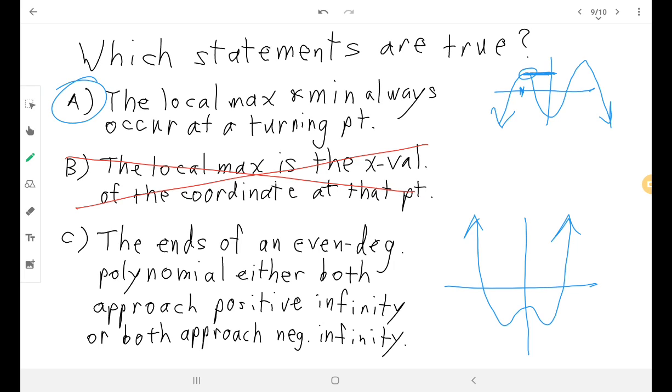Well, in this case, the end behavior, the ends of it, both go up, meaning they're both going to positive infinity. If I had drawn it the other way, like this one here, which is also an even degree polynomial, they both go down forever and approach negative infinity.